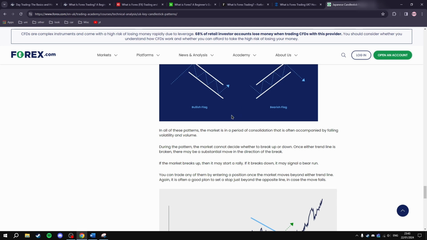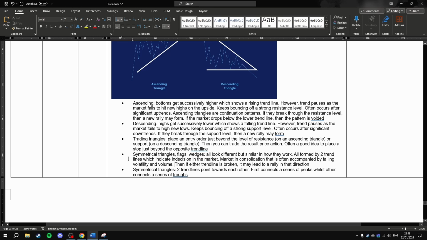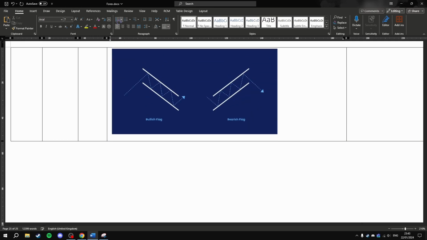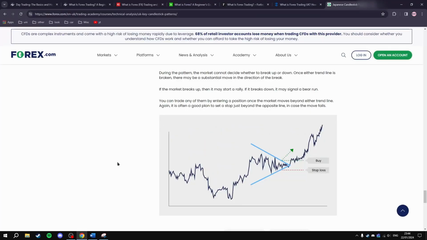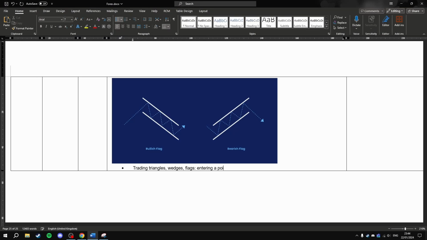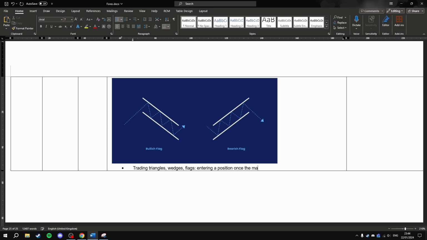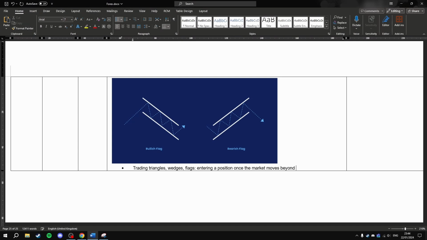You can trade any of them by entering a position once the market moves beyond either trend line. So, trading triangles, wedges, flags: entering a position once the market moves beyond either trend line.